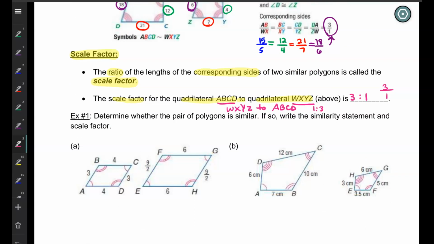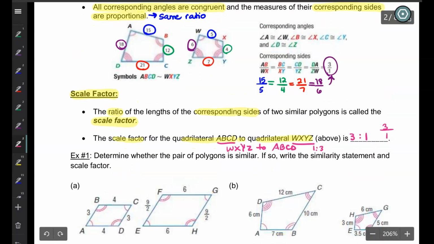Okay, so let's determine whether the pair of polygons are similar. And if so, we're going to write the similarity statement and the scale factor. One quick thing I forgot to mention about the similarity statement: it's kind of like a congruent statement, but for similarity, we just use a squiggly line.